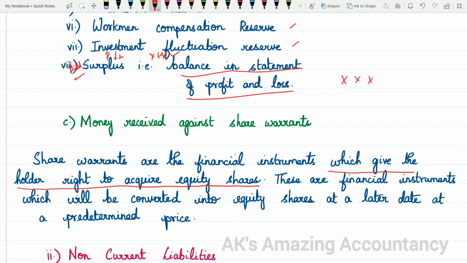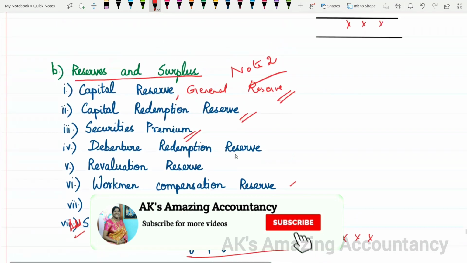In other words, these instruments will be converted into equity shares at a future date, at a predetermined price. So if you have any money received against share warrants, that again will be recorded. As I told you already, this item is a very, very rare item which will not be there in most of the problems. Okay, so these are the items which we'll be having.